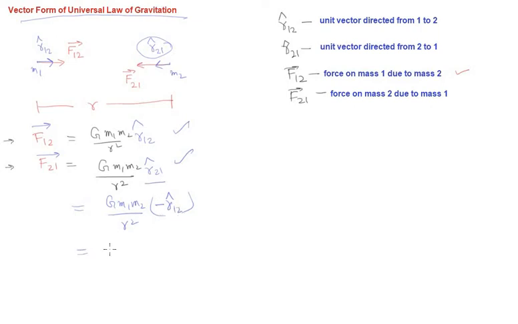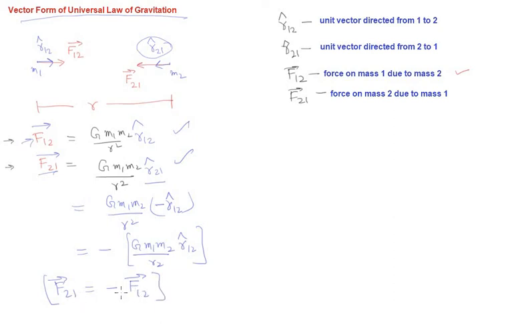Now tell me, if the minus is taken outside, G m1 m2 by r square into r12 cap, what is this term representing? Can it not be written like this, f12? Yes or no? So what we have just seen is that f21 is equal to minus f12.